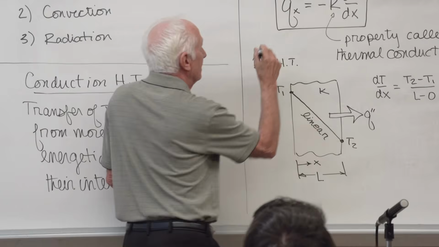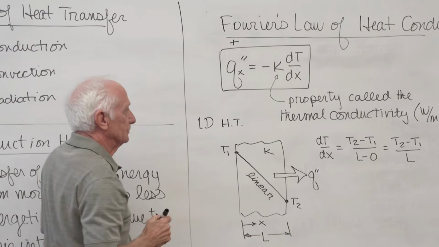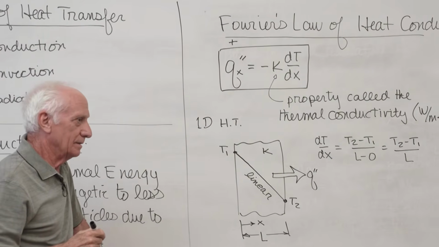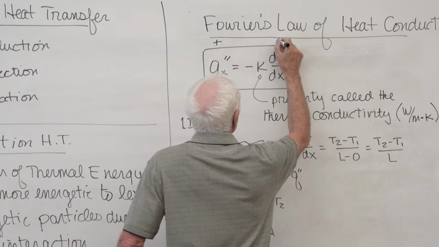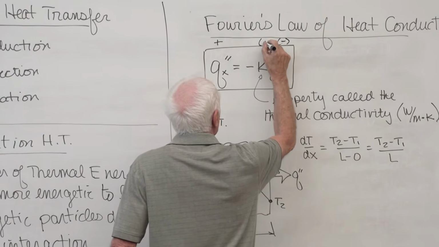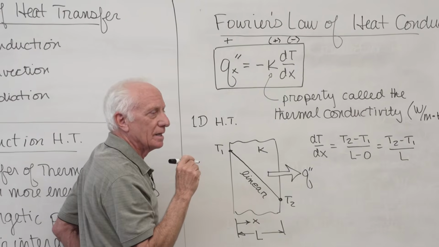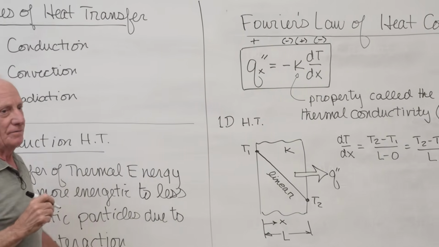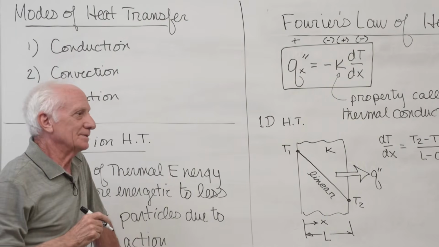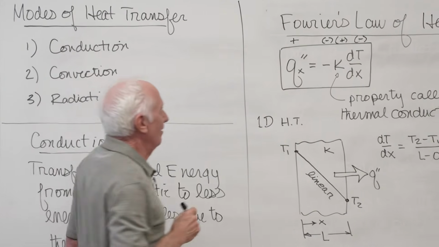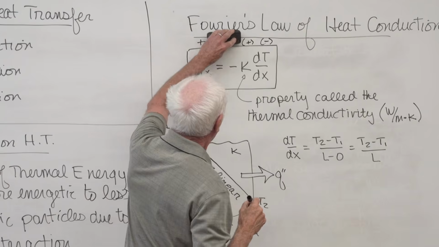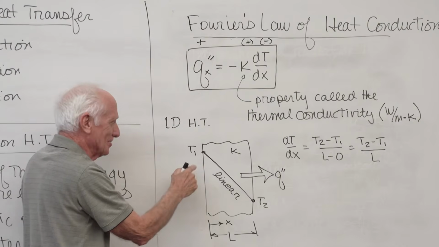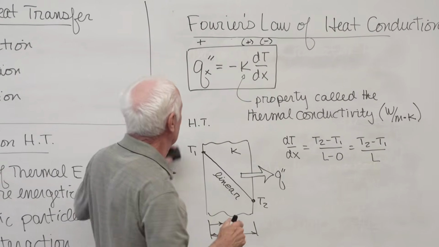What sign is that q? Positive. What sign is dT/dx? Look at it. Negative. What's k? It's always a positive number. It's a property. Does it check out? Oh, it sure does. Plus on the left, on the right, minus, plus, minus. Yeah, it checks out. If you don't put that minus sign, it says the heat flows in the negative x direction. Oh, no, it's not. Heat always goes hot to cold. That's why I put the minus sign there.